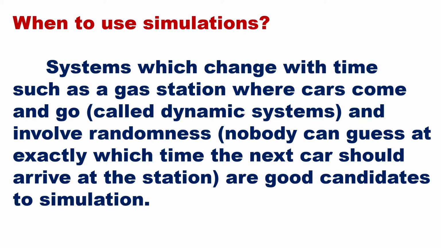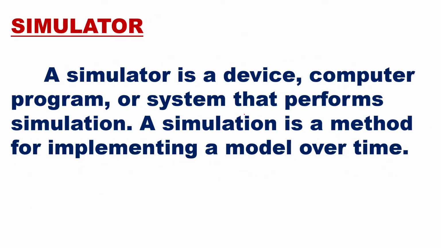Such systems are good candidates for simulations: things which are dynamic in nature, which change with time, and which have randomness involved. You don't know what will happen next if you give a certain instruction. To answer all these questions, you can use simulations.